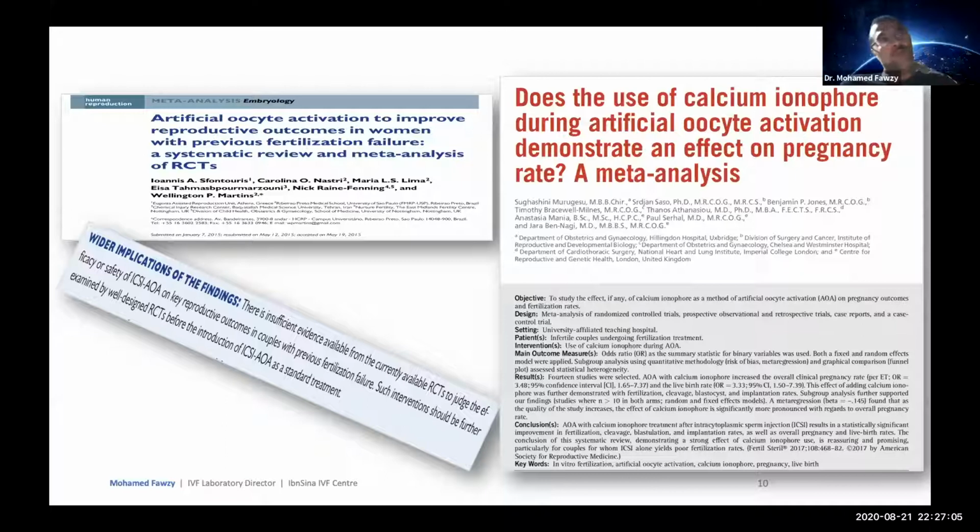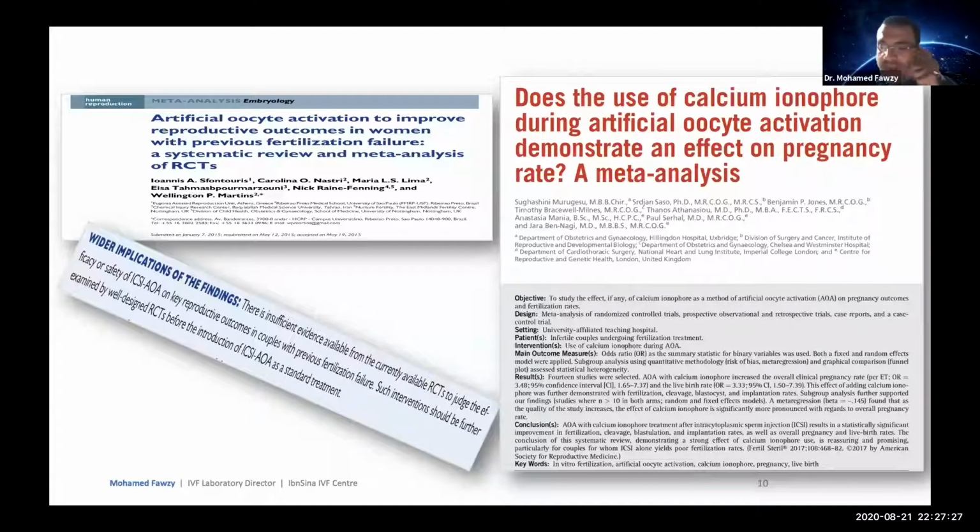The calcium ionophore forces a calcium wave from the surrounding medium, while strontium chloride initiates the endoplasmic reticulum of the oocyte to release its own calcium, not from the surrounding.